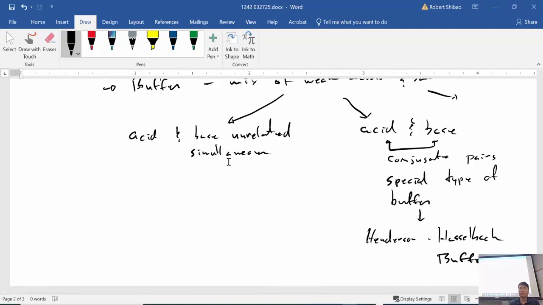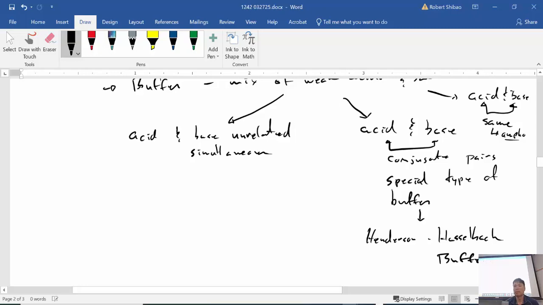And then we could have the acid and base being the same thing. Where have we seen where the acid and the base are the same thing? This is the amphoteric species, which could have some type of buffering action.